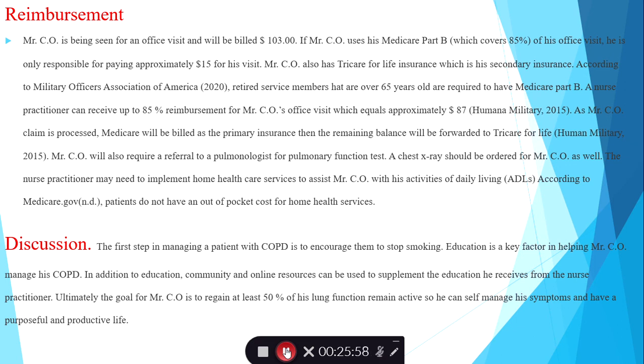So lastly, in managing a patient with COPD, it is important to encourage them to stop smoking. That is the most important key to successful management of COPD.